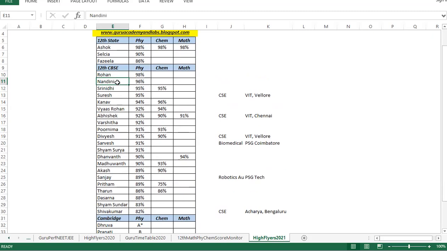Rohan is Yuva Bharati, Nandini, DPS, Srinidhi from Gujarat, Suresh from PSBB, Kanav, CS Academy, Abhishek, PSBB, Varshita, DPS, Purnima, CS, Divyesh, PSBB, Sarvesh, Yuva Bharati, Sham Surya, DPS, Dhanwant, Madhuvant, CS Academy, Akash, CS, Sanjay, Preetham, PSBB, Tarun, Yuva Bharati, Dasharna, DPS, Shyam Sundar, GD Public, Shivakumar, Yuva Bharati.